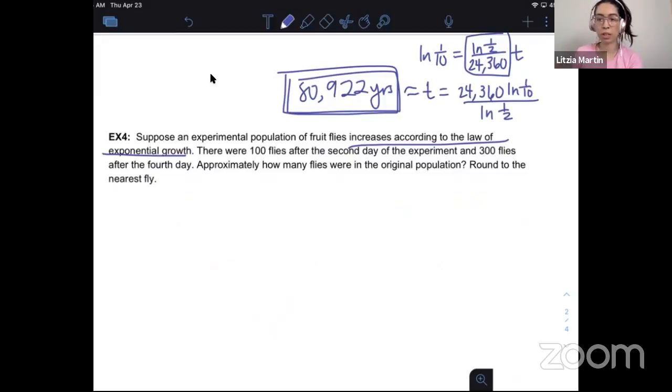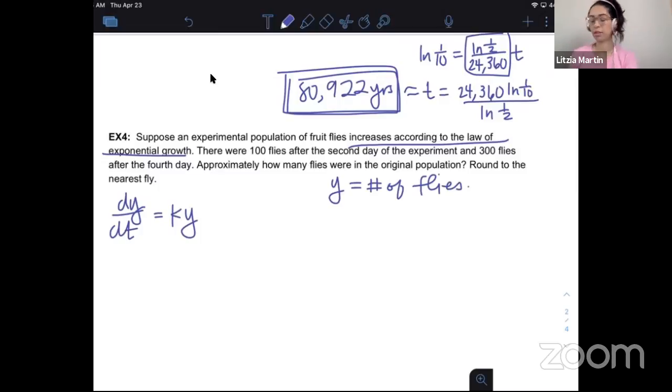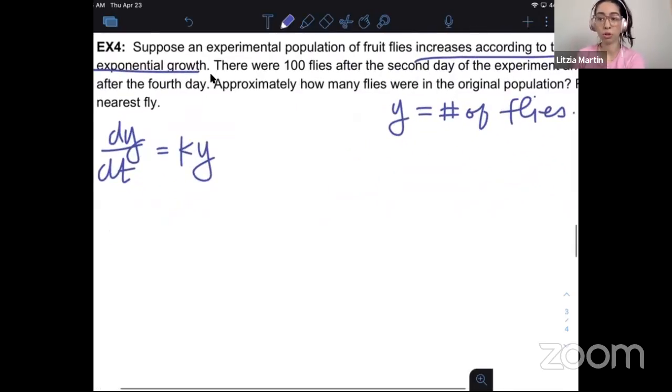So we know we can start out with dy over dt is equal to k times y, where y represents the number of flies. So it's the rate of change of the number of flies over time, and it's directly proportional to the number of flies.